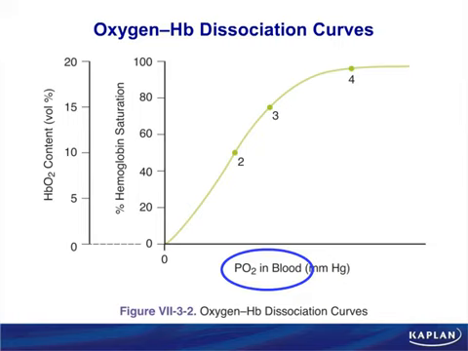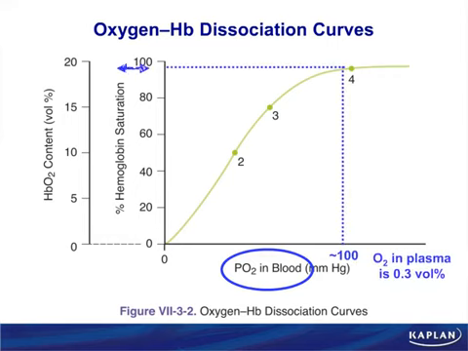Notice, as I get more onto the loading zone, that means I can load more onto my little red truck. At a PO2 of 100, we're pretty close to fully saturating the hemoglobin molecule. And that's why in the previous slide, increasing PO2 really didn't have a big impact on oxygen content.